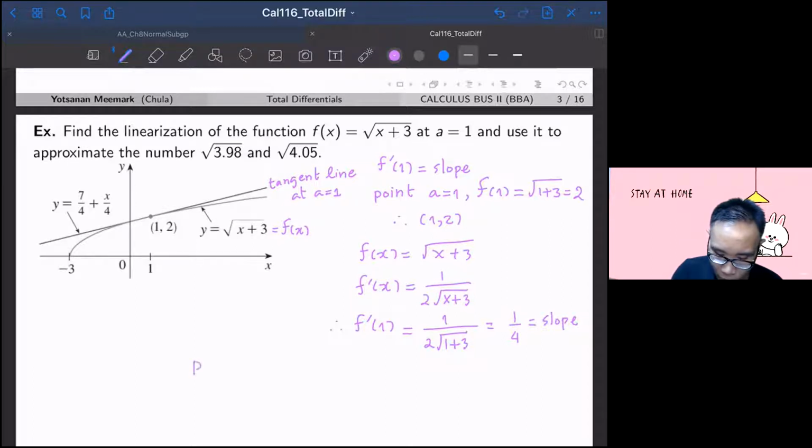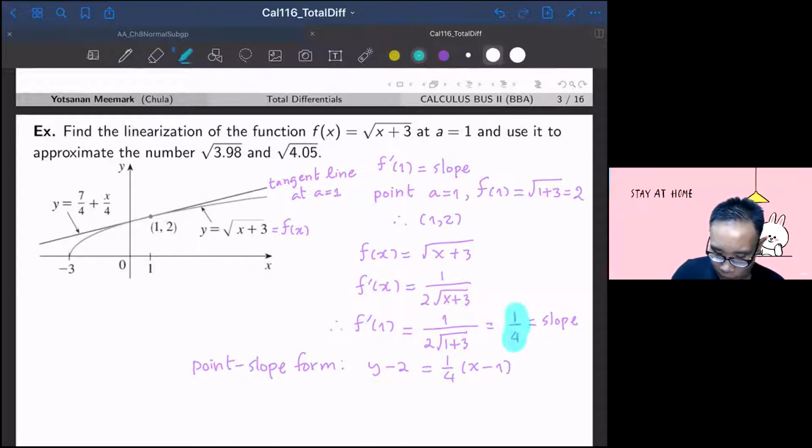You're going to use point-slope form to find the equation of the line: y - 2 = 1/4 (x - 1).